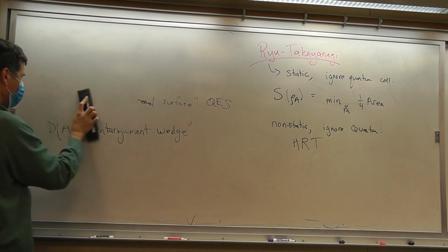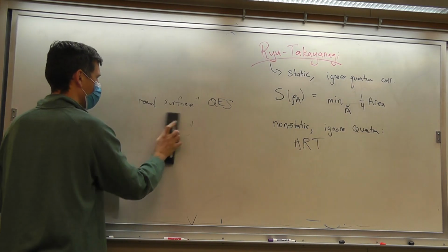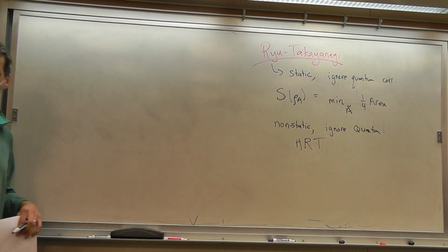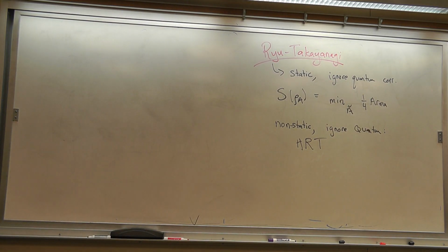I'm going to go through the derivation later, but let me just say for now that the way I just derived the generalized entropy, if you apply it to this problem instead, you get this formula. It's not quite that easy. It took many years to figure out how to do that, but it's really the same derivation as the one we just saw, where you do these gravitational replicas.